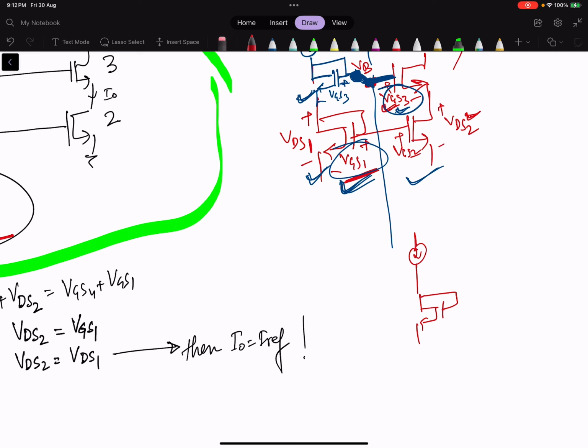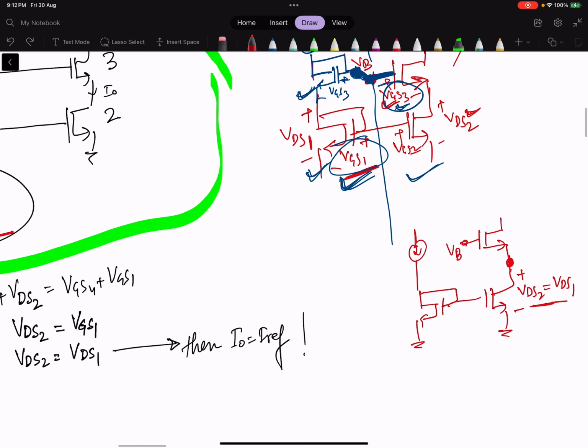So we already had this with us earlier, and to make this voltage VDS2 equal to VDS1, one way we did was to add one more MOS here, and we make this VB such that VDS2 is equal to VDS1.